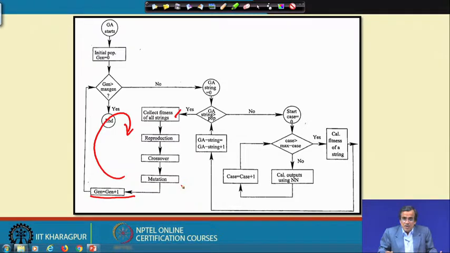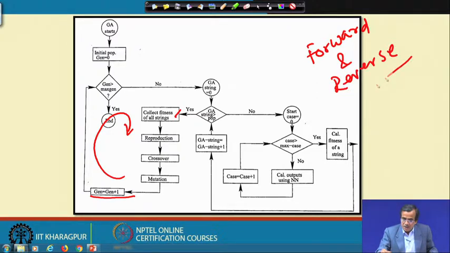And as I told, this principle can be used both for the forward mapping and the reverse mapping, and both problems are to be solved, because we want the input-output relationship in both directions, if we want to automate any such engineering process or engineering system.